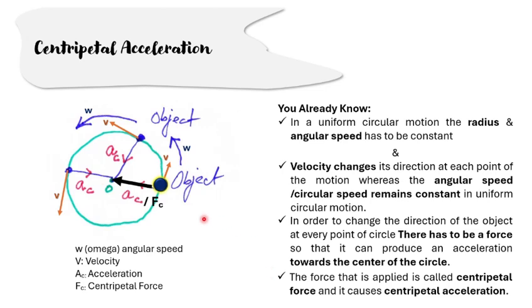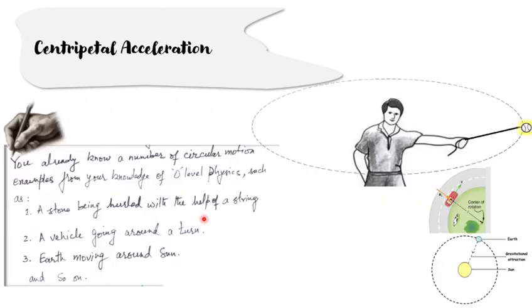I also want to remind you of certain examples of circular motion which are written on this page. There are three of them that I have written. There are so many, as you can recall from your experience while you go around out of your home or inside your home.